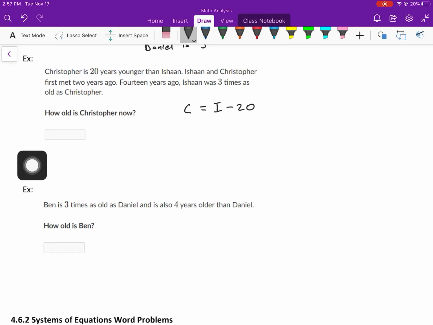I think the whole part about Ishan and Christopher first meeting 2 years ago has nothing to do with their age, right? They just met 2 years ago. So they're trying to throw in this extra information, Common Core, way to go. Now, 14 years ago, Ishan was 3 times as old as Christopher.